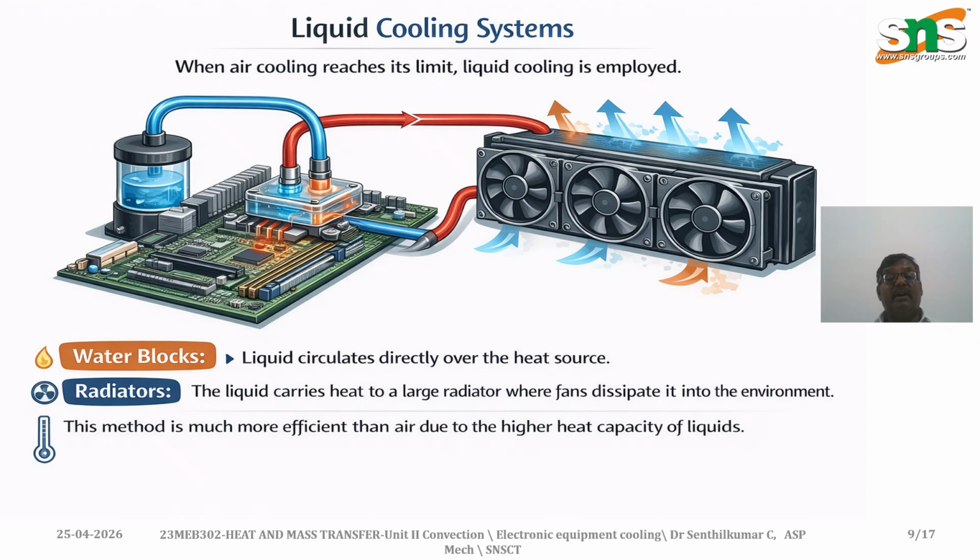Along with the fan we have the fluid here to transfer the heat at a faster rate. Water blocks: liquid circulates directly over the heat source. Radiator: the liquid carries heat to a large radiator where the fan dissipates it into the environment. This method is much more efficient than air due to the higher heat capacity of the fluid.